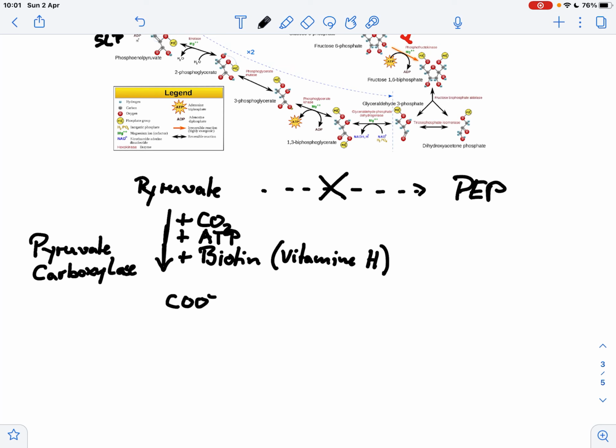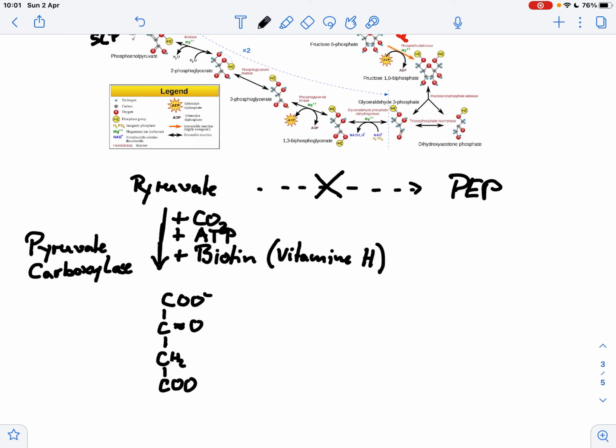So this would look like CH3CO, that is pyruvate. And we add COO to that molecule. So that is our carbon dioxide that we fixed.